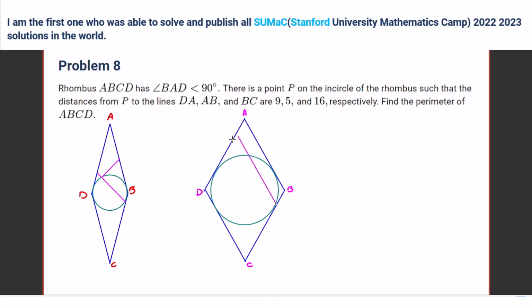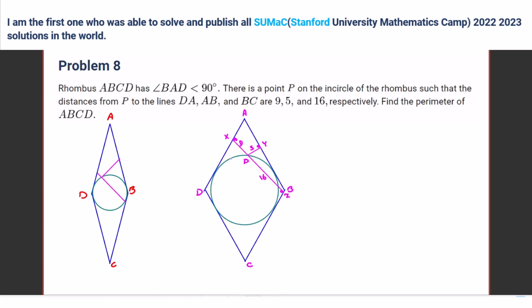Yeah. So for example, something like this one. And this one also should be 9, so the length should be something like this. Okay, so it is P, it is X, it is 9, this one is 5, for example PY, PZ is 16, right? Yeah.